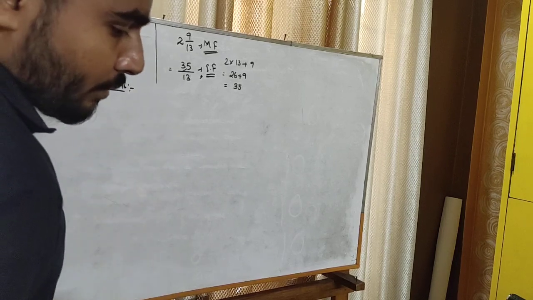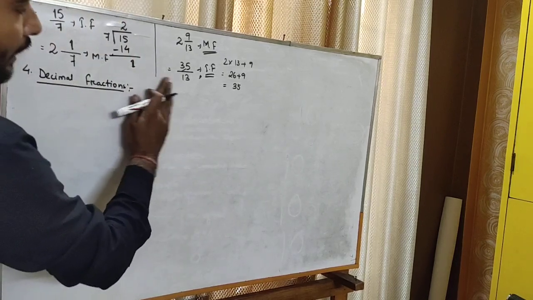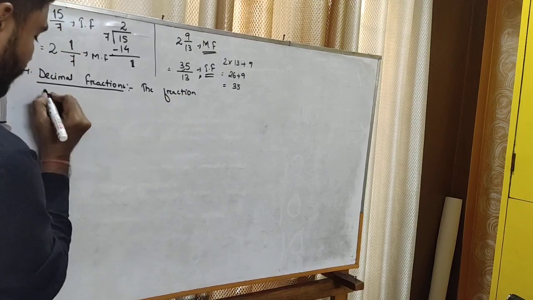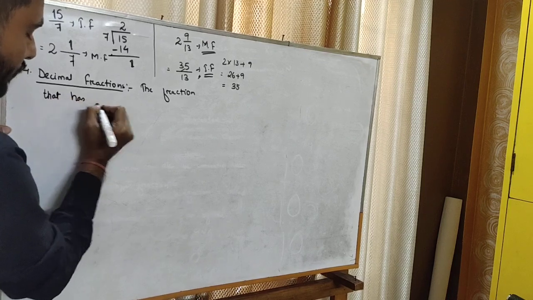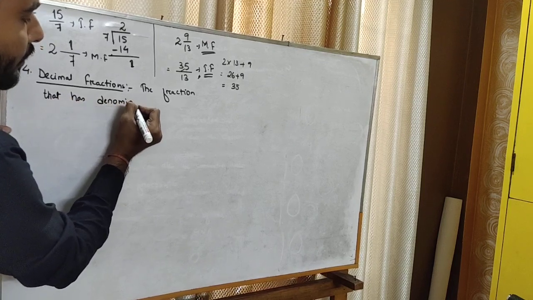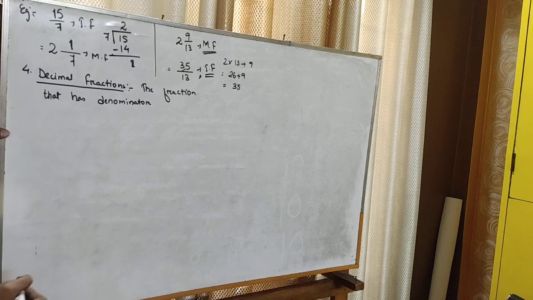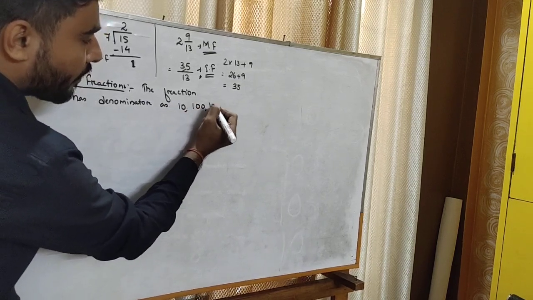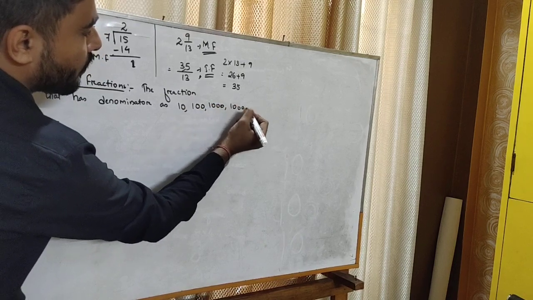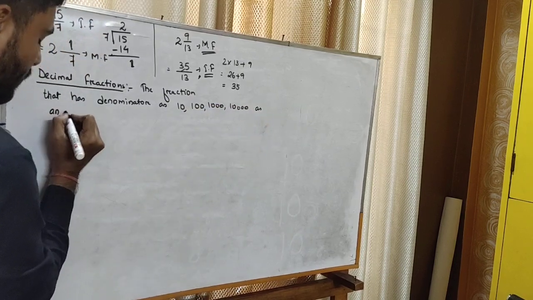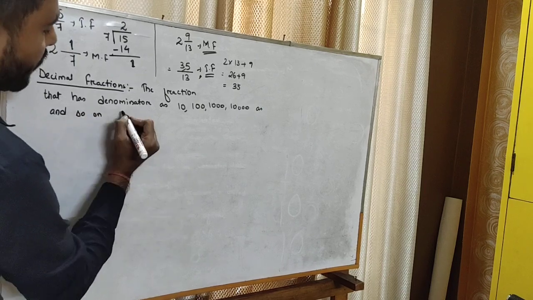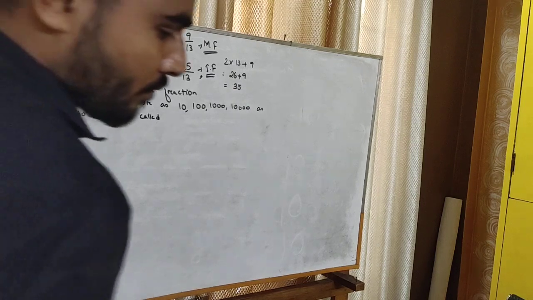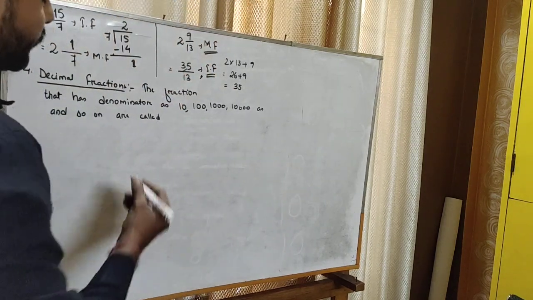For decimal fractions, the fractions that have denominator as 10, 100, 1000, 10,000 and so on are called decimal fractions.